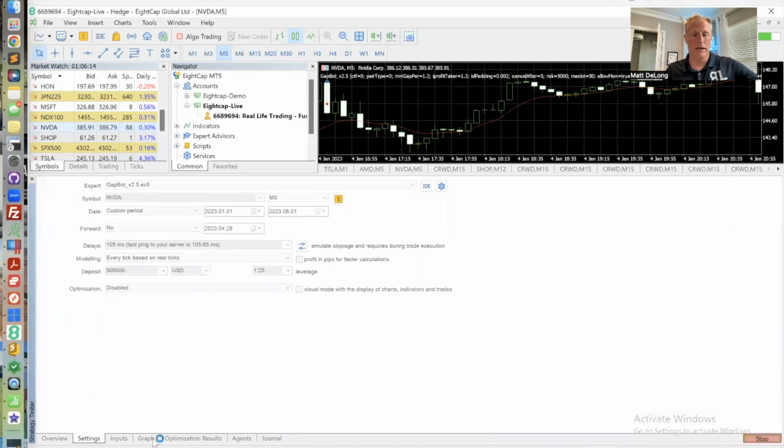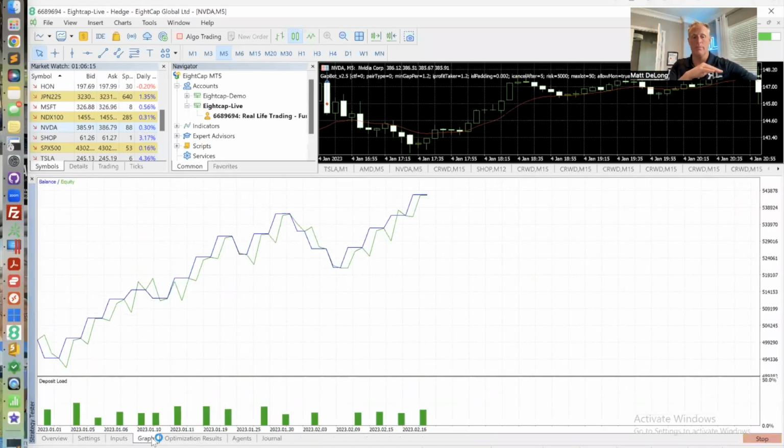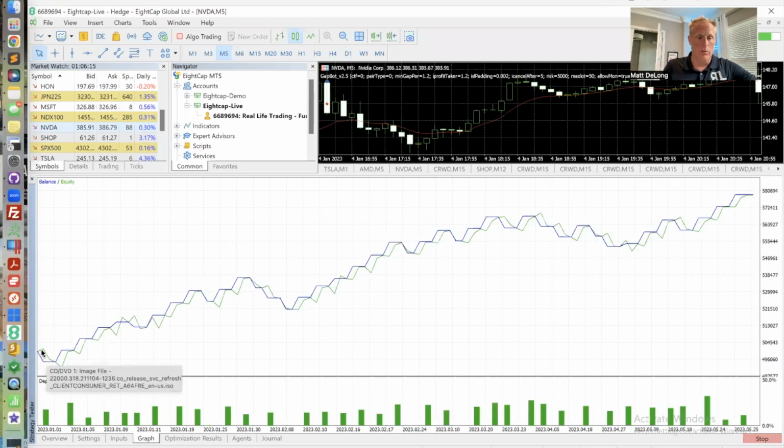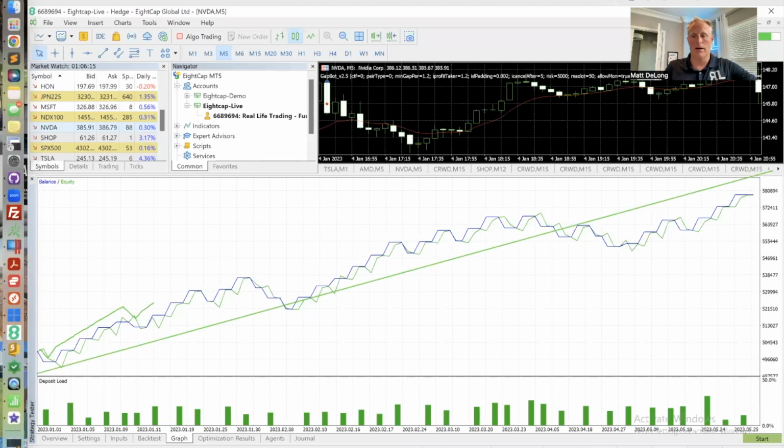and we're going to watch the graph. We're going to watch how this works. Typically when you see an up trend in the blue, that's a win. So the first thing that happened was a loss, then a win, then a win, then a win, then a small win, then a loss, then a win. Normally what you're looking for in this type of equity curve is bottom left to top right, and you'll see in this case, that's kind of what happened.